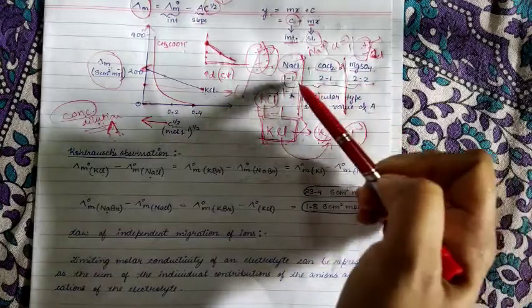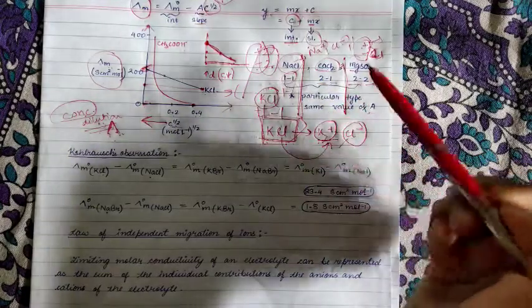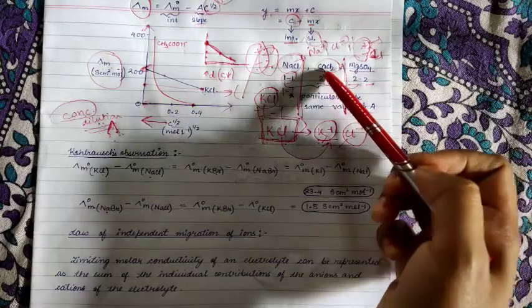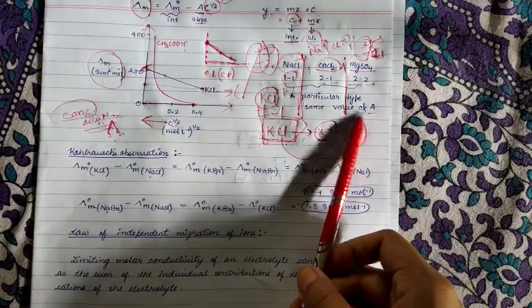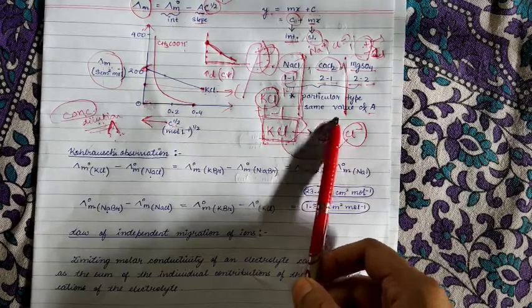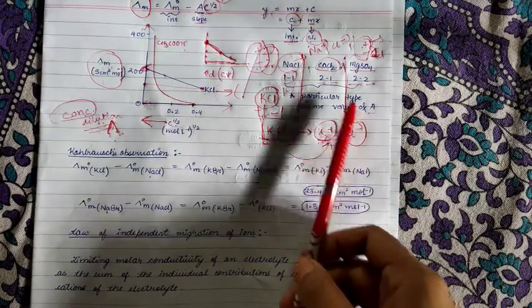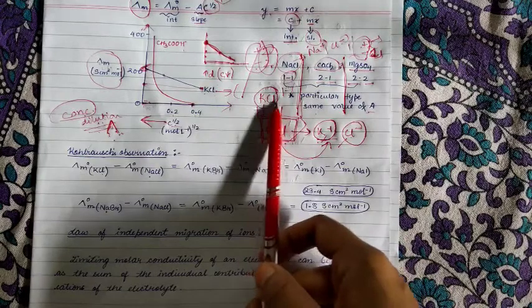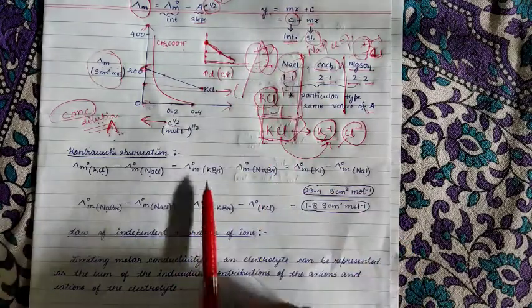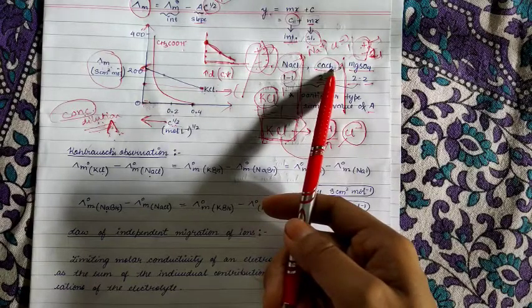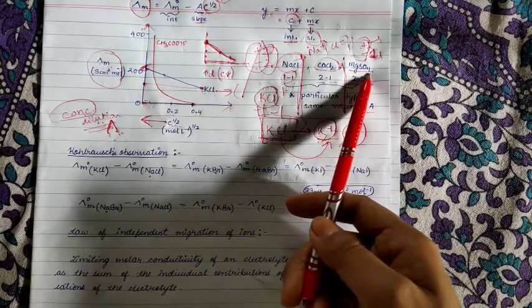Whatever type you can categorize, that particular type of electrolytes will have the same value for A. That is why I have written here that a particular type can have the same value of A. Clear? So it's not different for NaCl and KCl. It will be similar for NaCl and KCl. Similarly for CaCl2 and MgSO4, it will be different from each other.